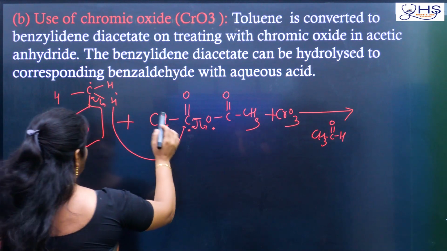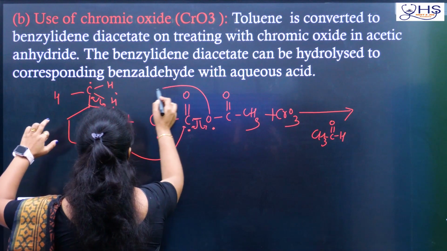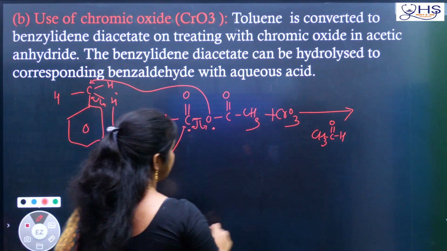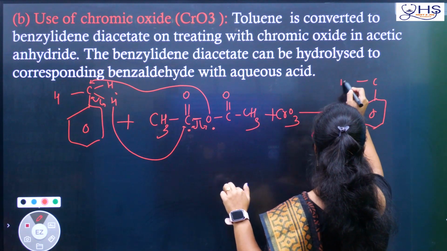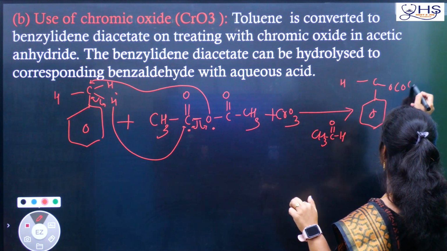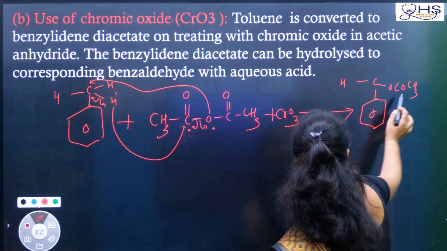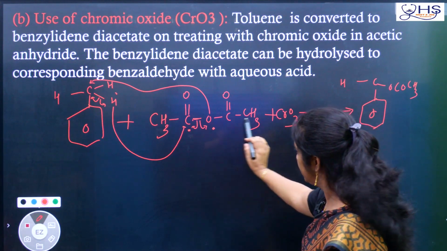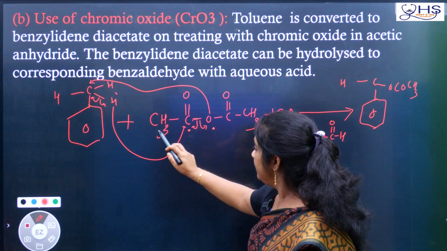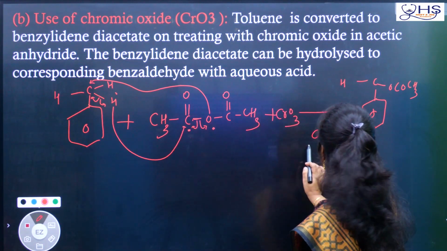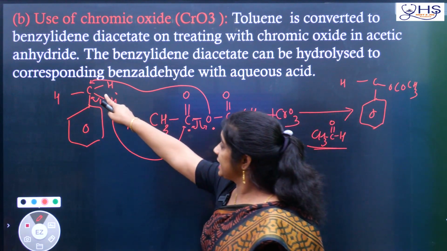Now, what is remaining? This C dot and this O dot will join with this C dot. Now what will you get? CH, here OCOCH3. Clear? This O dot and C dot form a bond, OCOCH3 attached here, and the byproduct H dot will join with this C dot and form CH3 C double bond OH, which is removed as a byproduct. The same thing we can do with the second hydrogen also.